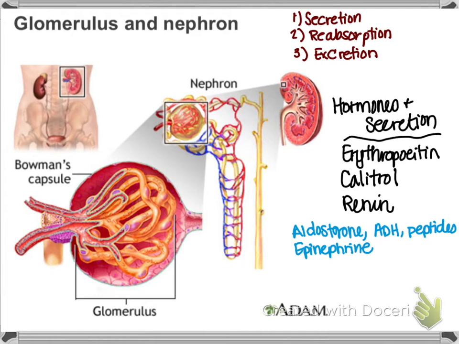Oh, and let's not forget about natriuretic peptides. Natriuretic peptides are secreted by the heart cells in response to increased blood volume. So they're kind of an antagonist to the effects of your antidiuretic hormone and aldosterone.